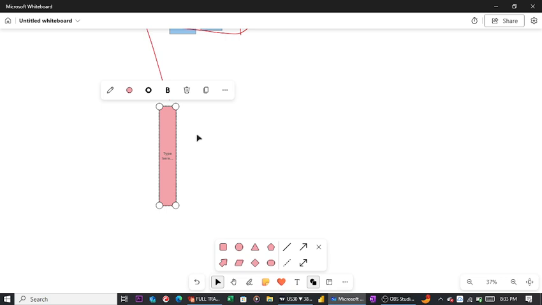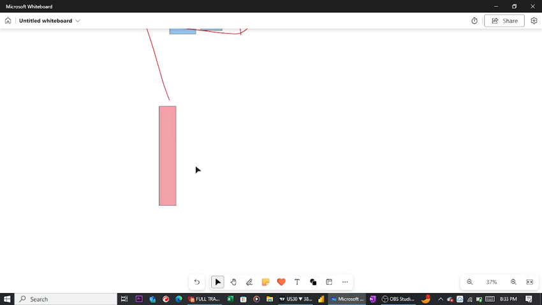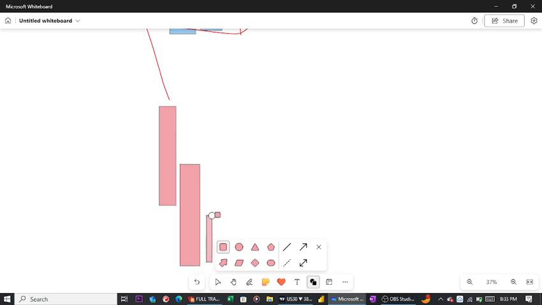So this is a downtrend. This is a downtrend again. This is a downtrend. And here this is an upward trend. This becomes a support zone.